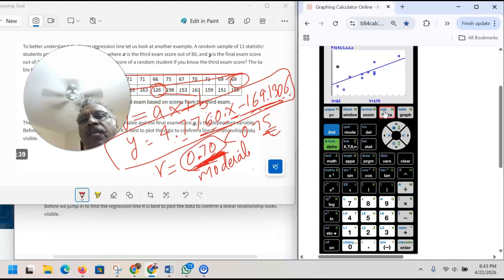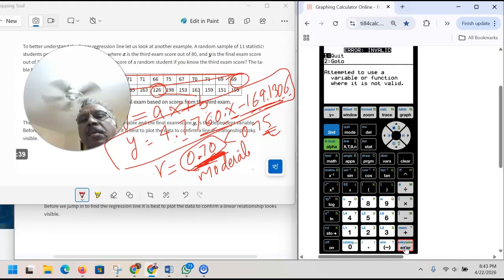And please trace and put 80. Sorry, you have a graph. So second calc value 80 and enter. So I think I'm making a mistake here. Let's check.